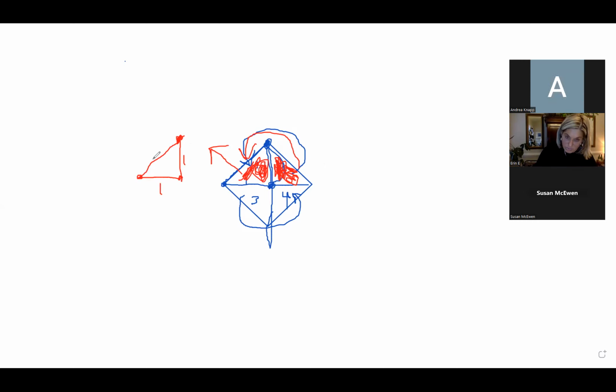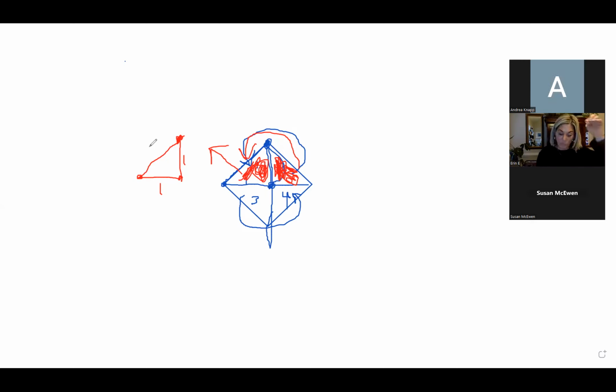So what would this hypotenuse be right here? 1 squared plus 1 squared equals x squared, right? 2 equals x squared. Okay, so what does that give you?